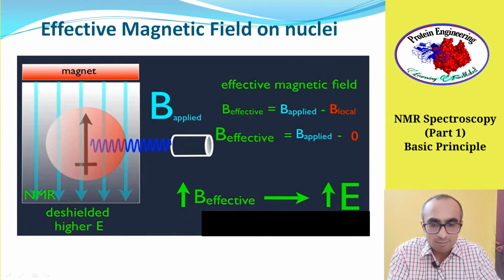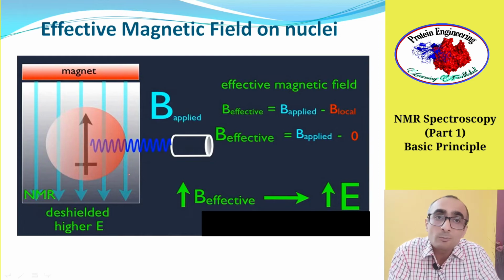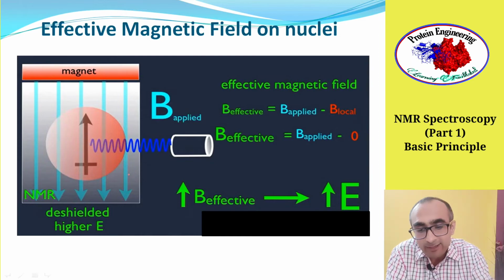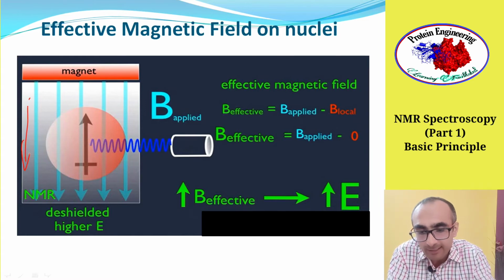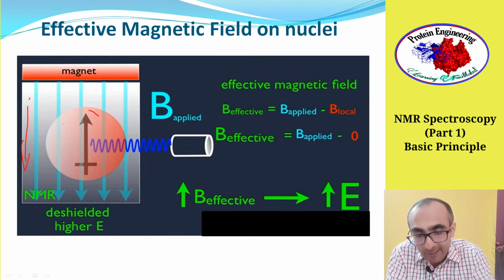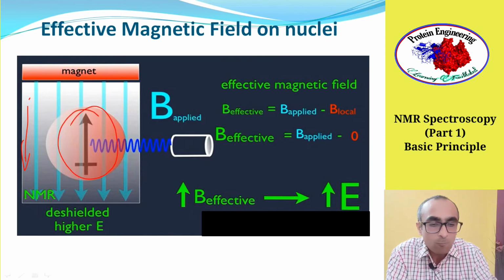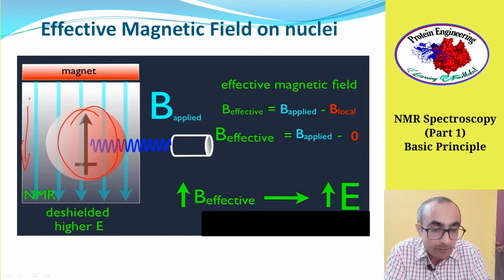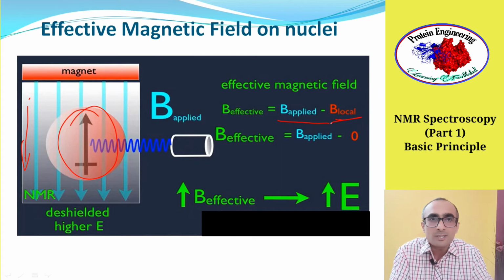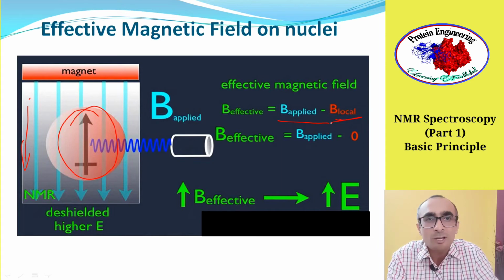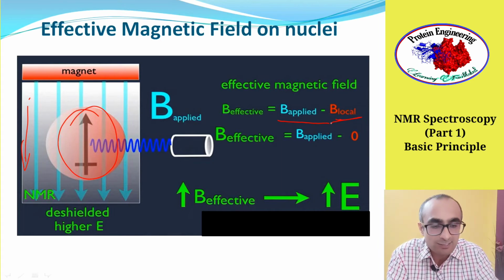And the difference of the peak is because of the effective magnetic field. This is the magnetic field applied, B, from outside, and the effective magnetic field on this nucleus would be equal to the B applied from outside minus B local. B local means if there are electrons in the neighborhood which are also creating some magnetic field, that's the B local here.